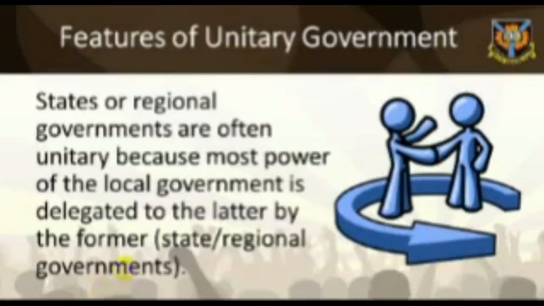Also, the local council authority can have its power diminished, increased, or withdrawn by the state or regional government, especially through legislative enactment. Therefore, the state or regional legislature can dissolve the executive council of the local government or may even allow the state government to take over local government administration.